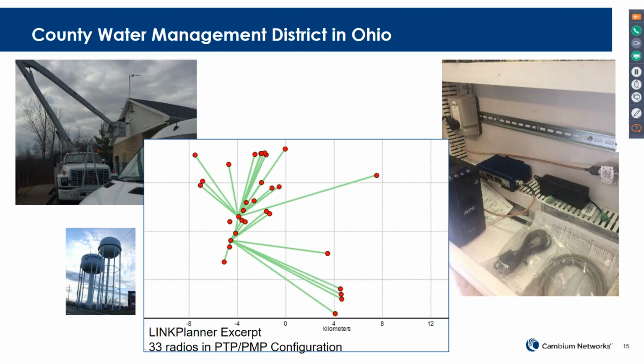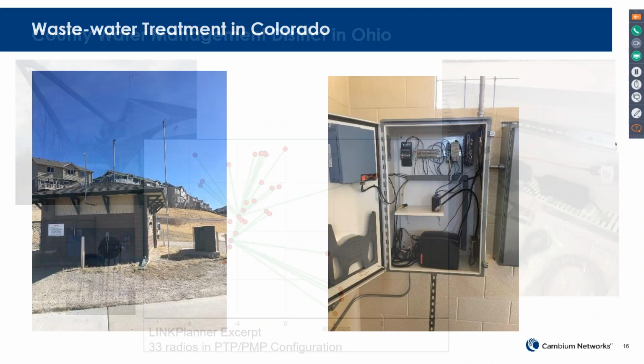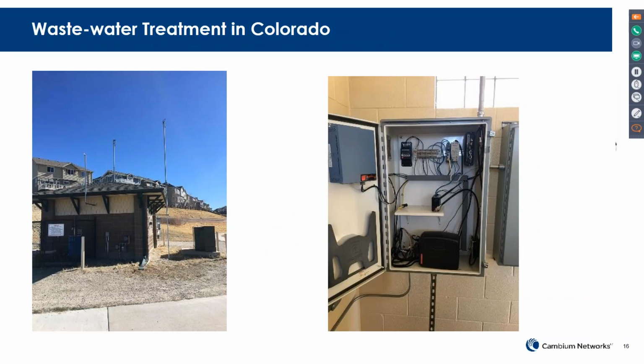I think we are running very close. So this other example is a wastewater treatment plant in Colorado. I want to show you the enclosure setup, just to show you how simple it is to set up this cnReach radio, because it's a very small form factor.